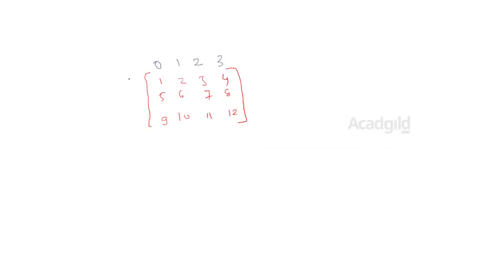Now if we want to extract this part, how do you access the row first? If we just want to access the rows, let me know what would be the indexes. 0, 2, right? I'm just selecting these two rows here.